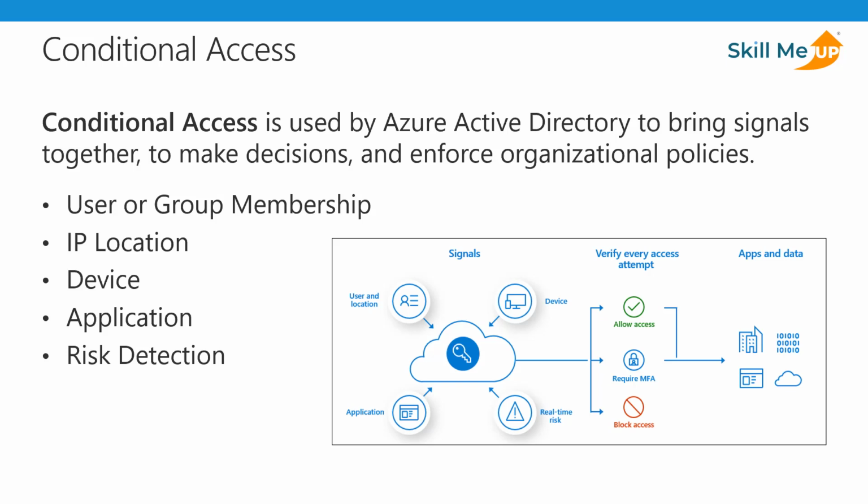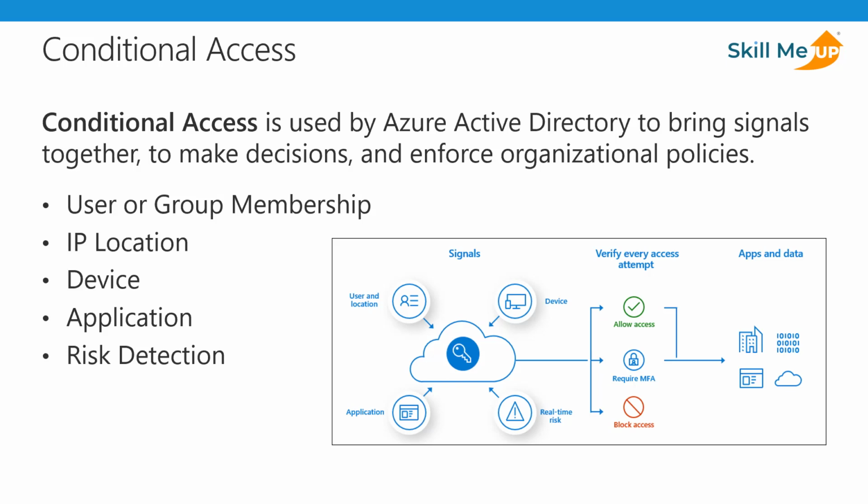For instance, if you had a particular application that maybe was a high security application, for instance, maybe an application like the management interface for your application, and you knew that they need to only be accessing it from your company sites, from your company facilities. You could say that this administrative users, or the users in the administrative group, and as long as they're accessing it from a trusted location, and if they're accessing the administrative application, and it's from a trusted device, and we have a low real-time risk assessment, if that's there, then maybe we allow them access.